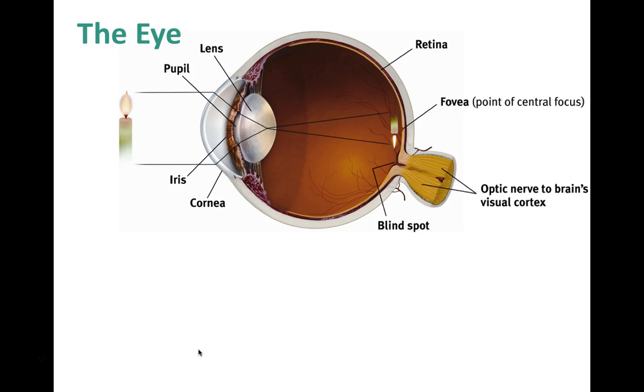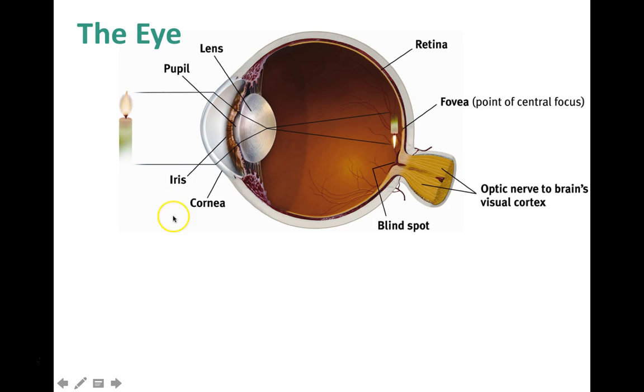So here's the eye, okay, it's a cross section. I just took your eyeball basically and just cut right through the middle of it. And so we're looking at a cross section on one end of it. So this is the back of the eyeball, and of course this is the front.